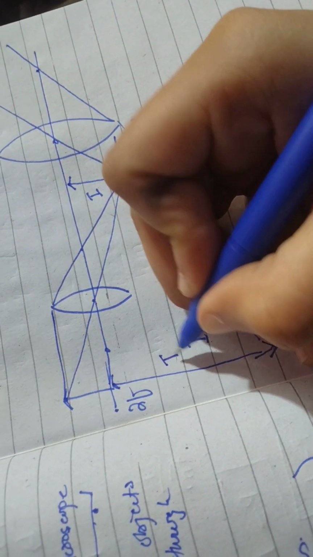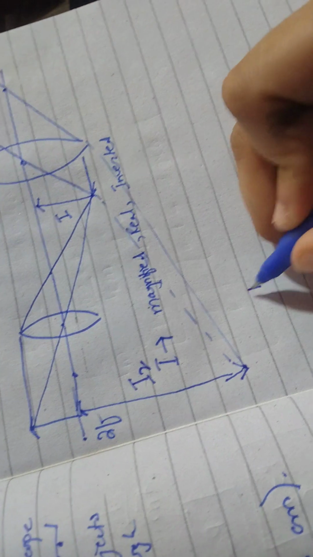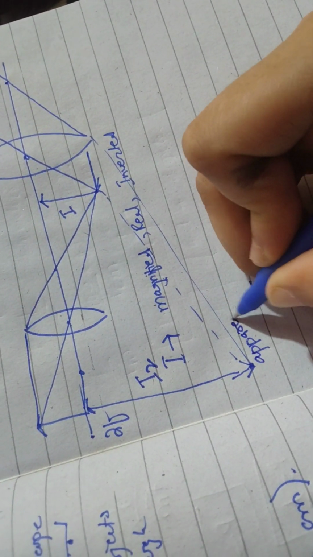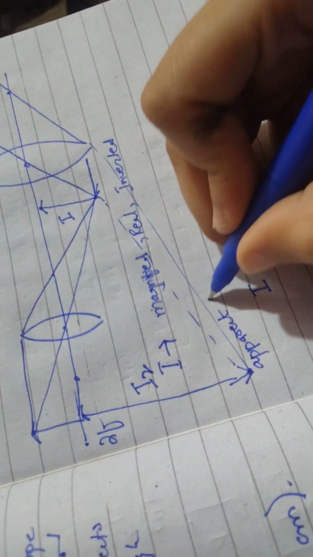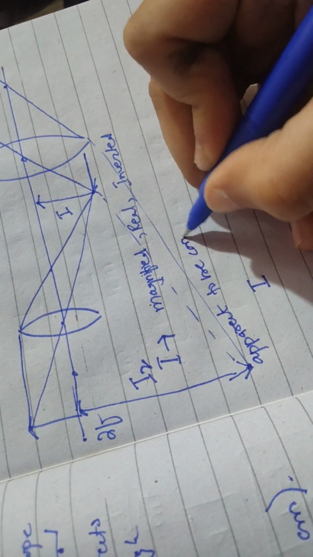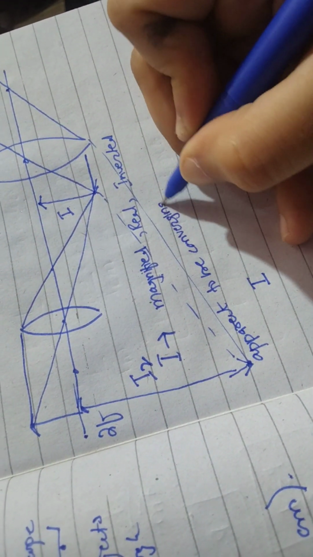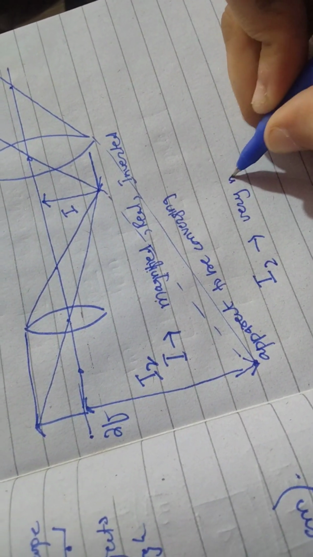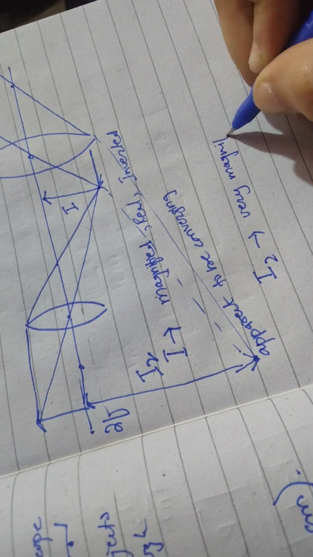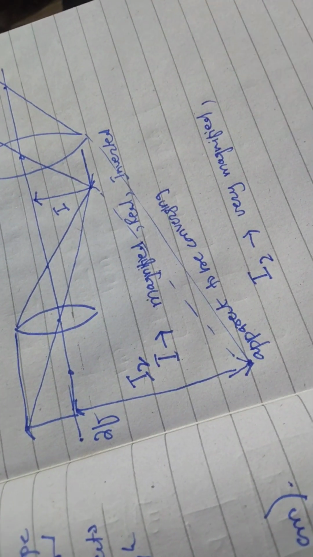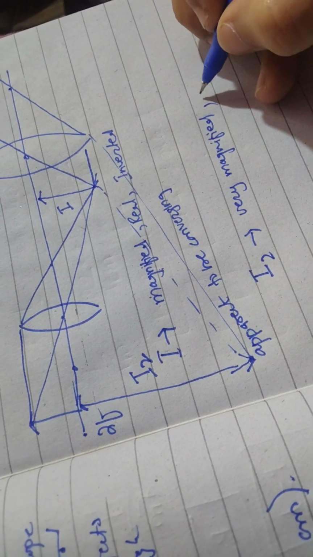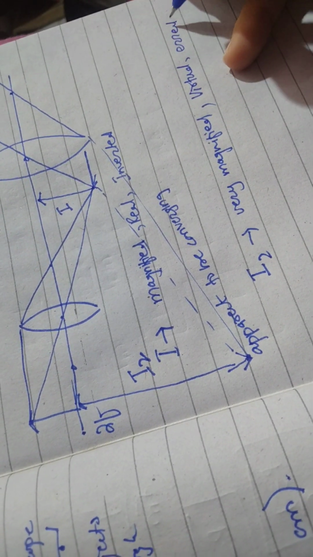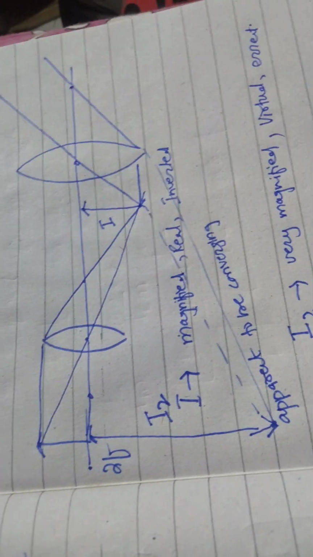That image will be known as I2, and this point is known as apparent to be converging, right? And this I2 is very magnified. The image is very large, and it is virtual and erect, right?